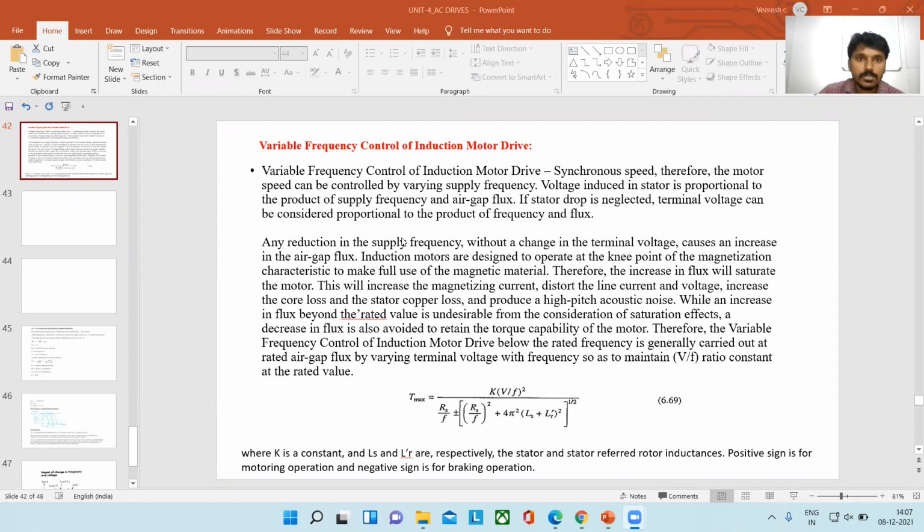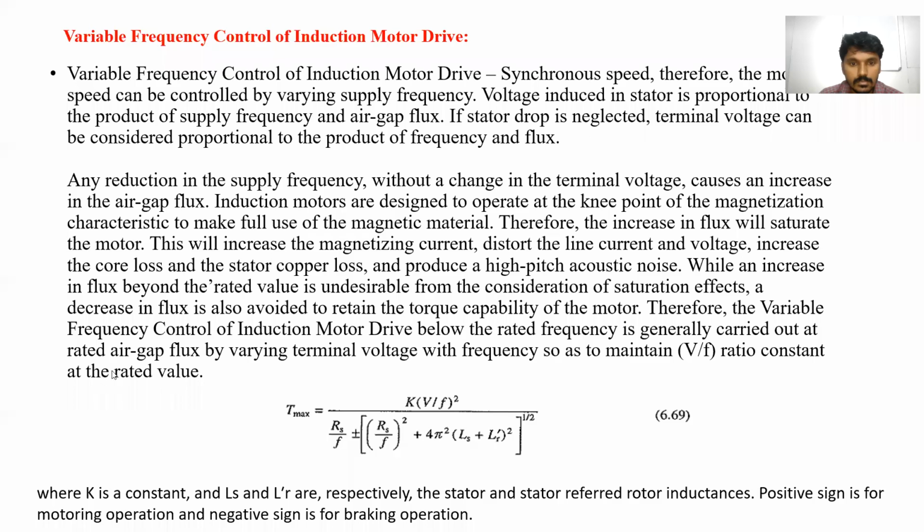Why are we going for the variable frequency control of induction motor drive? This method can also be called the V by F method, the V by F is equal to constant method, or variable voltage and variable frequency method.